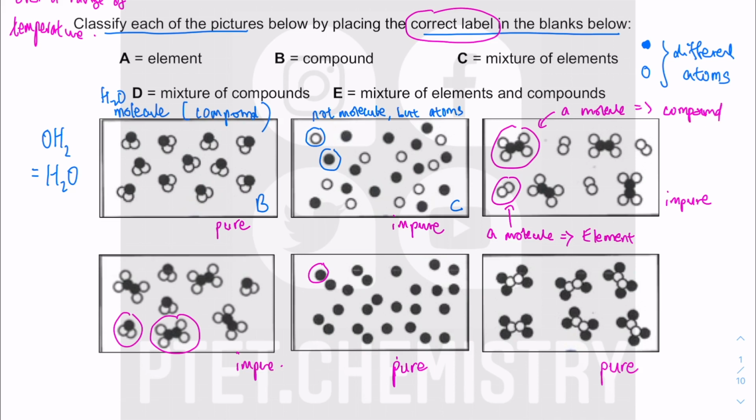A compound contains two or more. Okay, so here there are two different kind of atoms, or two different kind of elements that are chemically combined together. All right, so you have the black and the white one. So there's a compound, there's an element. Both of them are considered molecules, but then this topic is about element, compound, or mixture. So you have a mixture of element and compound, which is option E.